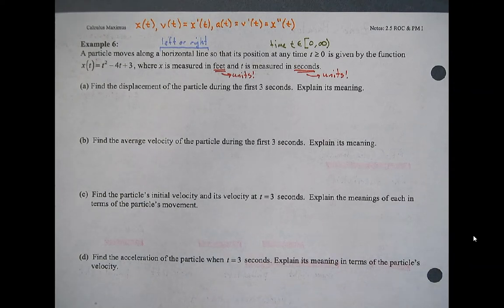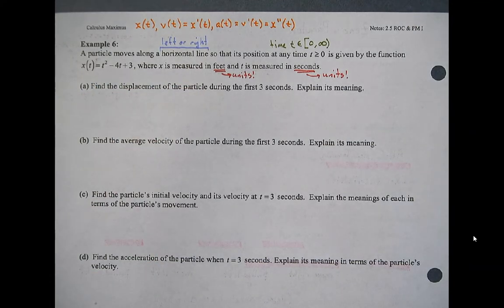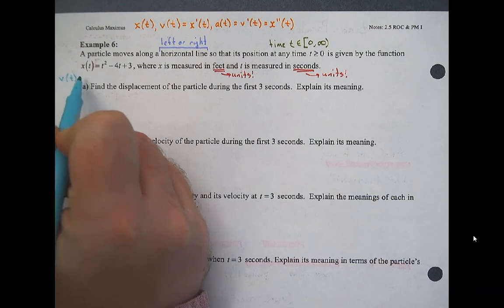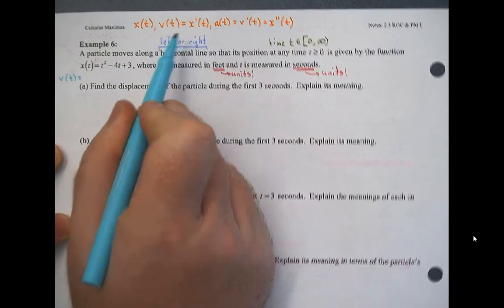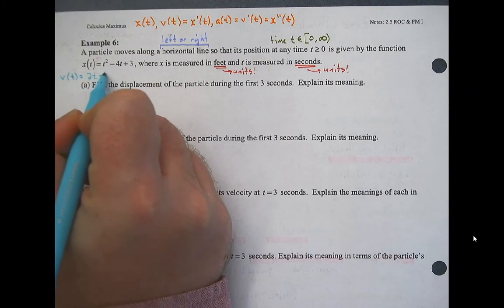So what I want to do now is add those functions for acceleration and velocity down here. So let's do velocity next. V of t, which we know is the derivative of position. So the derivative of position would be 2t subtract 4.